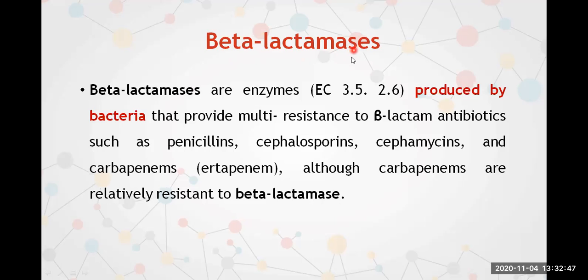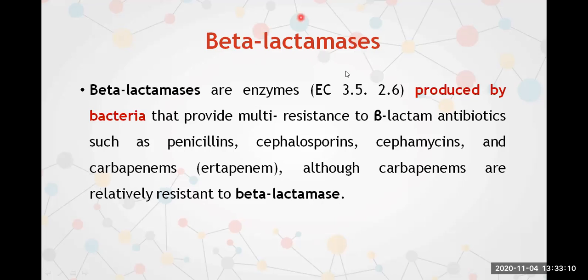As we know, there are different enzymes like esterase. Esterase can break down the ester bond. Amidase enzyme can break down the amide bond. Likewise, the lactamase enzymes can break down the lactam ring. And at which position does it break the lactam ring? At the beta position. So they are called beta lactamase.